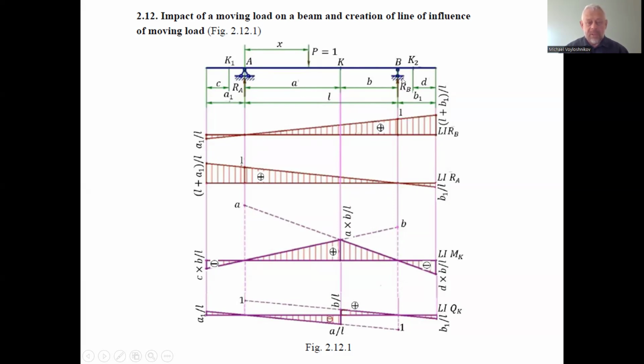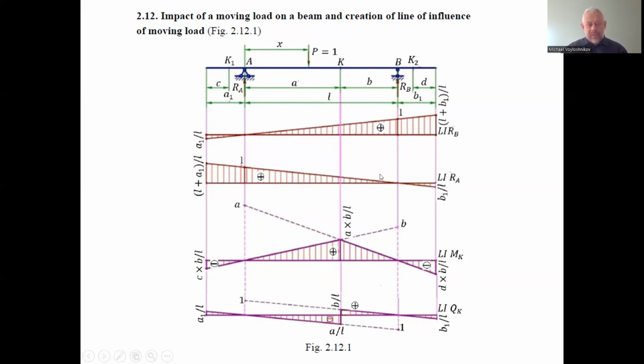The hinge B is a sliding hinge, and the other support hinge A is a fixed hinge. The reactions in the supports depend on the location of the point of application, point location x, of the unit force P. Not only for the support reactions, but as well for the bending moments and the shearing forces, they can be determined.